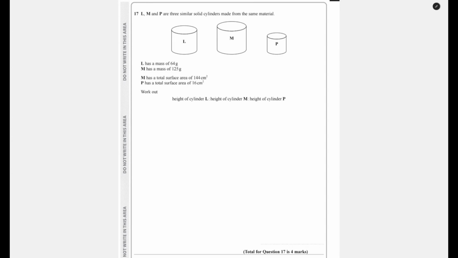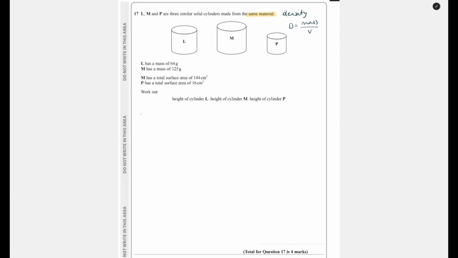A key part of this question is that the cylinders are made from the same material. And as they're made from the same material, we say that they have the same density. The formula for density is D equals mass over volume. And so we can work out the density for L and M because we have the mass.